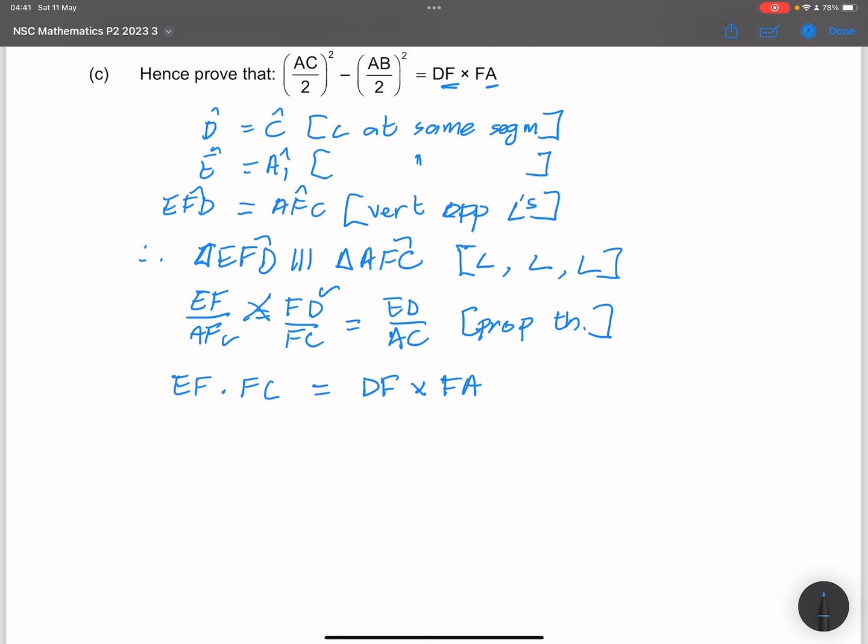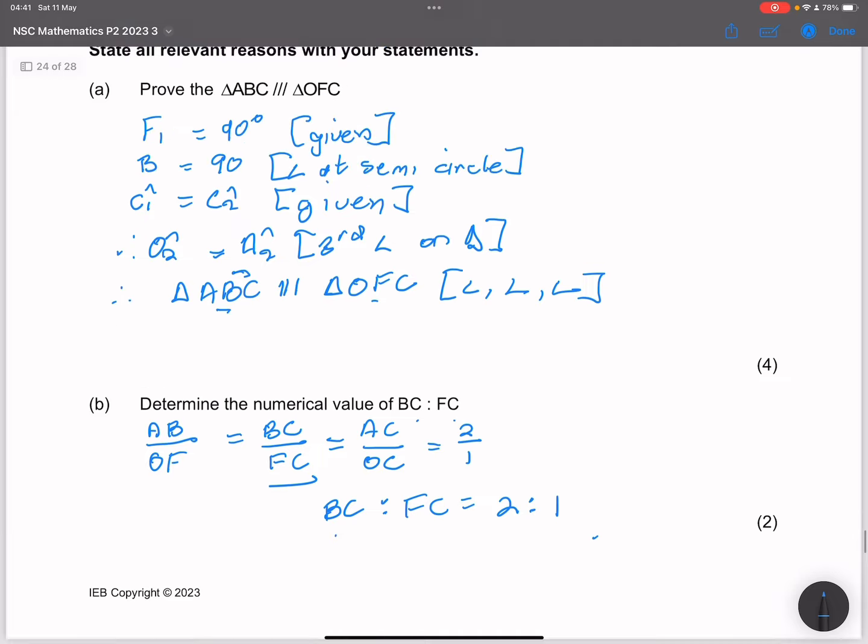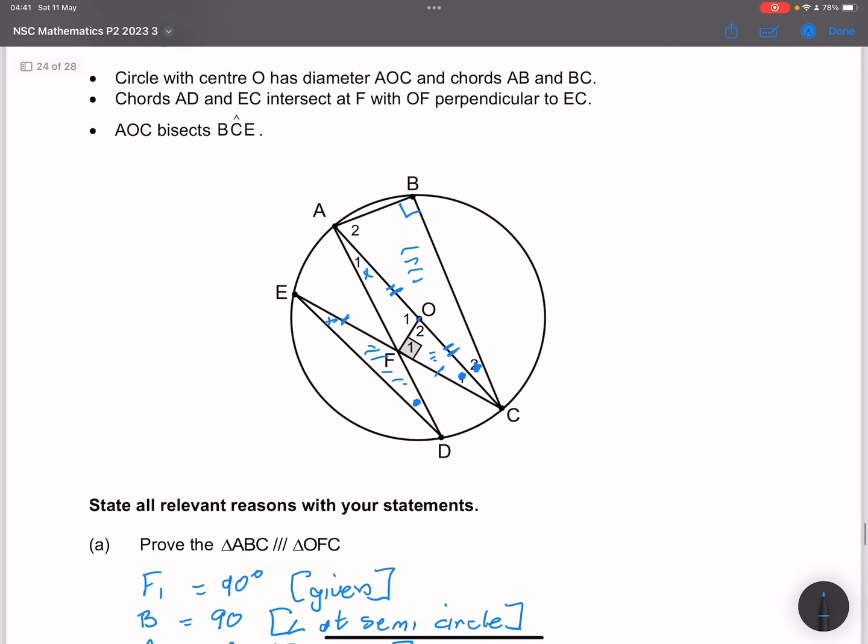Now, please, ladies and gents, let's look at EF and FC and try to relate them. If we look at EF and FC, those would be equal. You remember, we used Theorem 1: if a line drawn from center is perpendicular to a chord, then it bisects the chord.